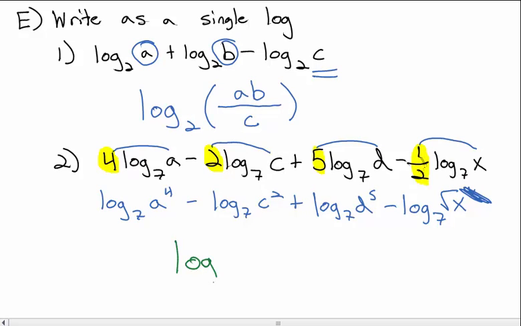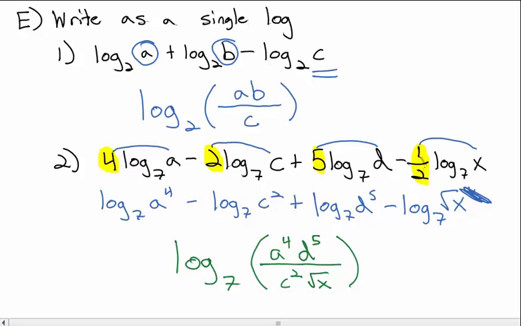Now we can write these all as a single log base 7, where positive exponents are multiplied in the numerator and negative exponents are multiplied in the denominator. So we have a positive a to the 4th, a negative c squared, a positive d to the 5th, and a negative square root of the x.